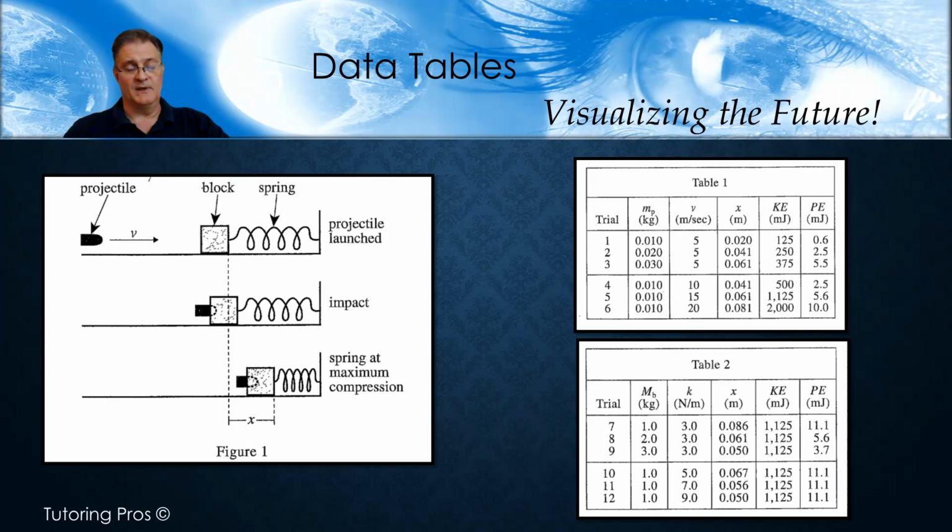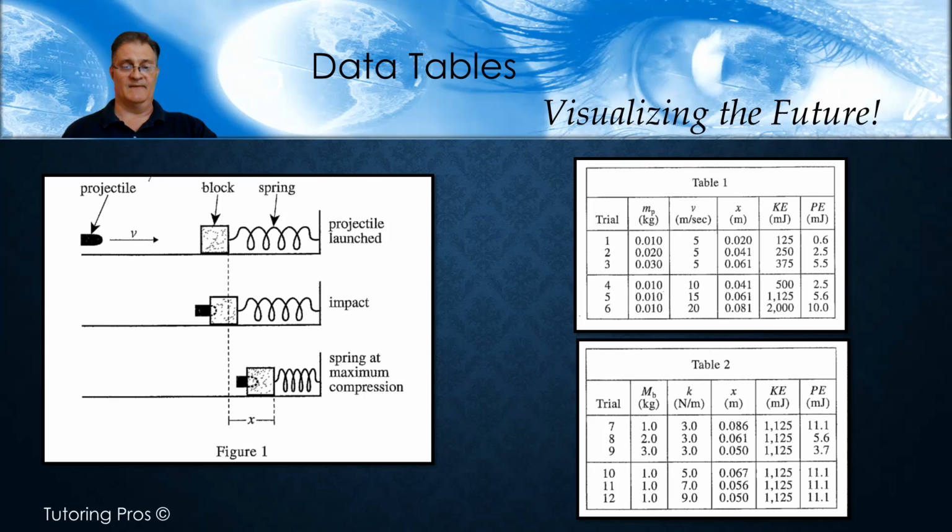So therefore, you can increase the spring's tension and decrease how the block and the spring compresses in trials 10, 11, and 12. In trials 7, 8, and 9, you can increase the mass of the block and decrease the distance that the spring and block compress.